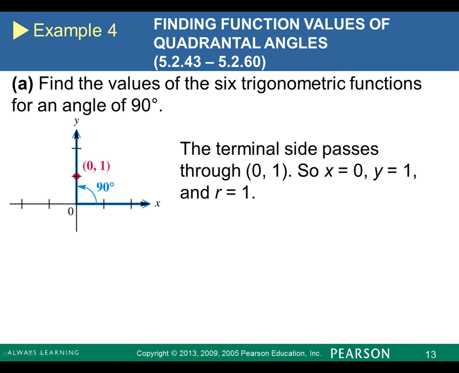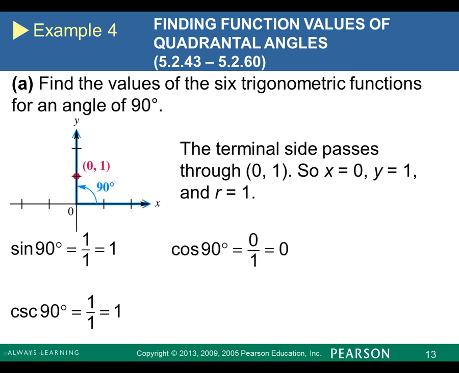Okay, so we have x is 0, y is 1, r, of course, is 1. Our radius is 1. So sine is 1. So it's reciprocal. Well, you flip 1, right? 1 over 1 is still 1. So cosecant at 90 degrees is 1.